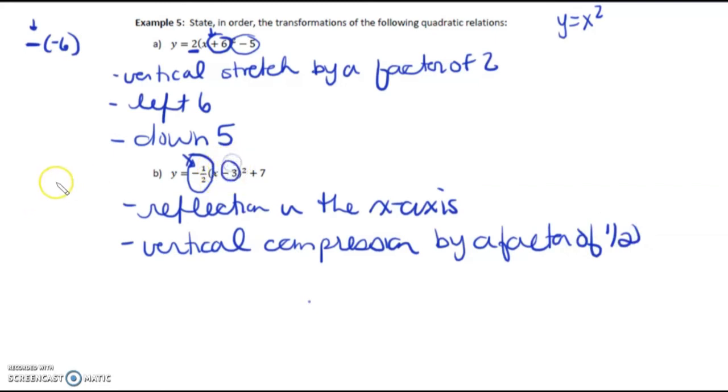This looks negative, so it would have had to be positive 3. Or sorry, backwards here, negative of positive 3. So this h value alone, remember this is the negative sign built into the equation, it's going to the right 3, and this is going to be up 7.